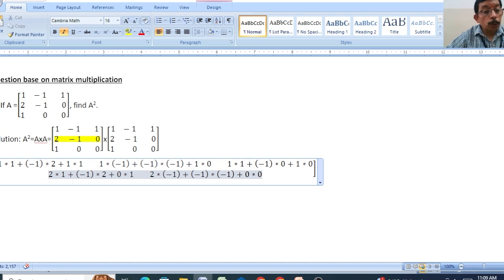The second row, second column multiplication is complete. This is the second row, second element. It is clear: 2 multiplied by minus 1, minus 1 multiplied by minus 1, 0 multiplied by 0.